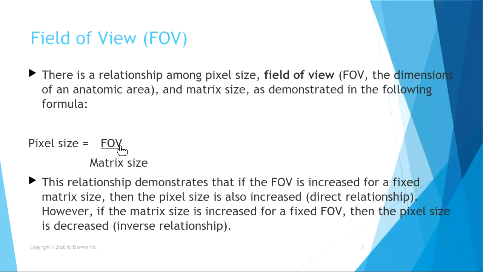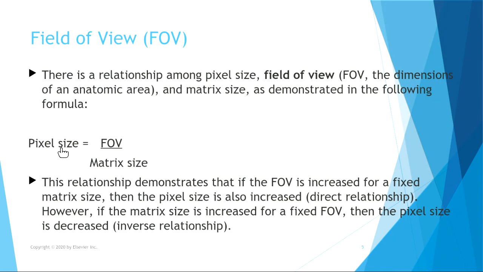With this mathematical equation, they tell you that the relationship shows that if the field of view is increased for a fixed matrix size, then the pixel size will also be increased. So it has a direct relationship. If the field of view gets increased for a fixed matrix, your pixel size will increase, and if your pixel size increases, it takes away from your spatial resolution.